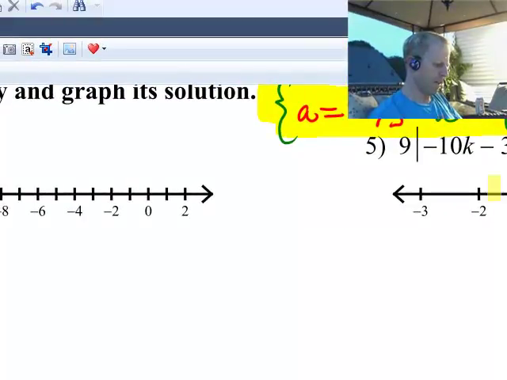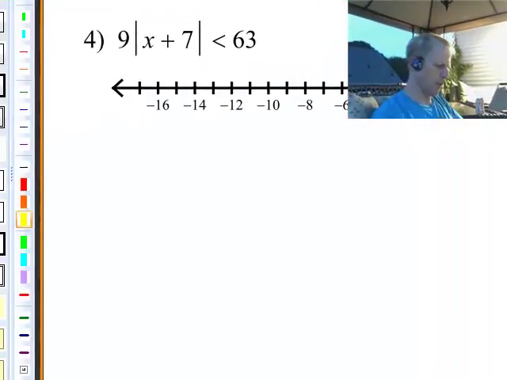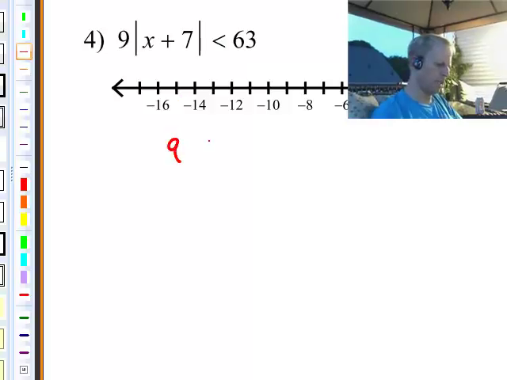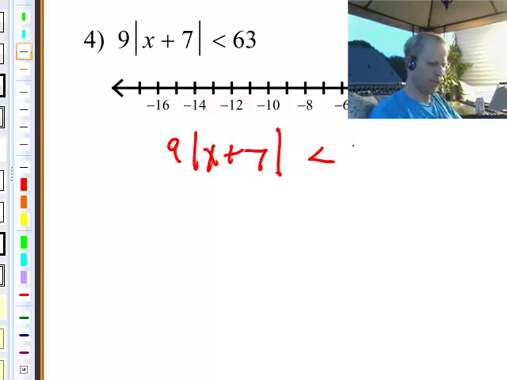Okay, and then finally I have an absolute value less than inequality and an absolute value greater than or equal to inequality. Alright, in the less than inequality, we're always going to convert that into an in-between inequality, and that allows us to get rid of the absolute value symbols.